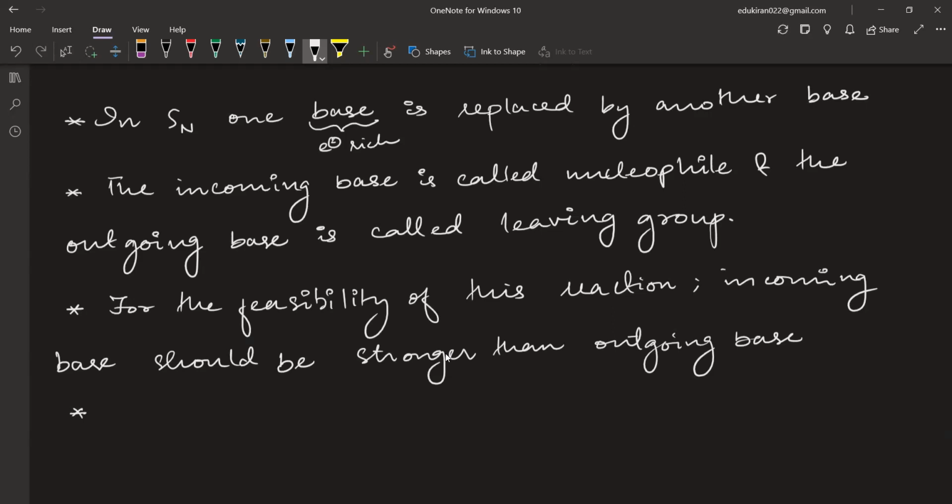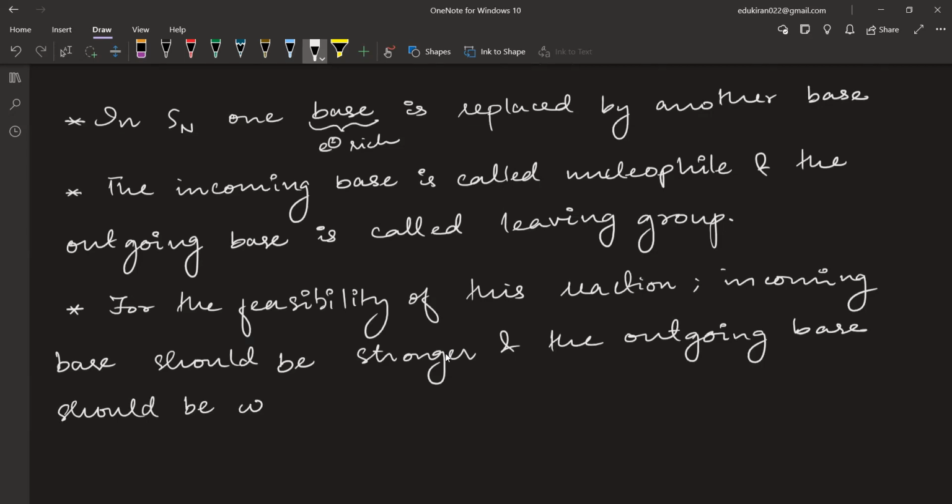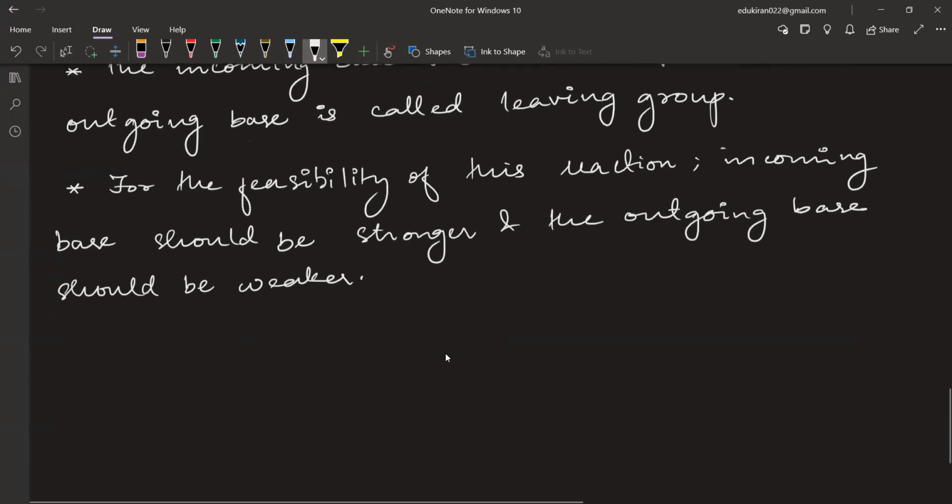Write it like this: the incoming base should be stronger, and the outgoing base should be weaker.